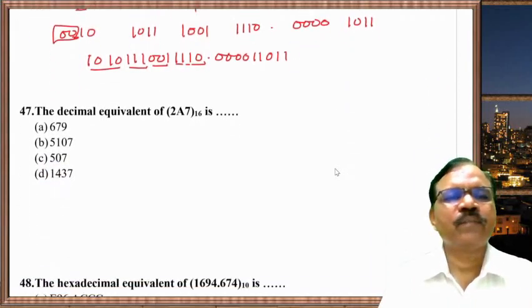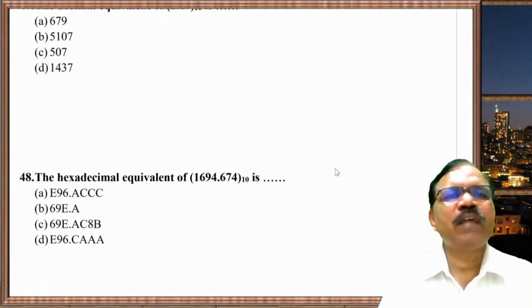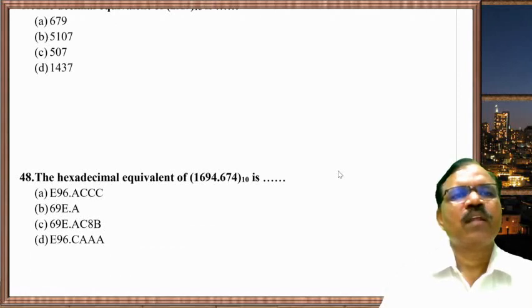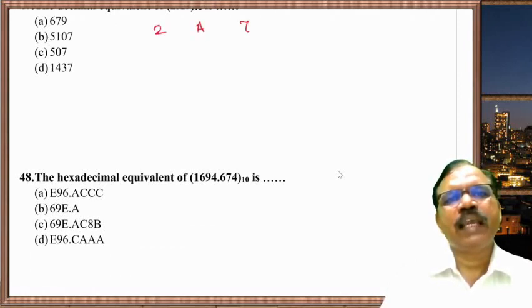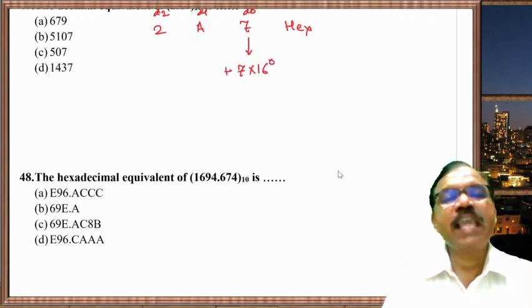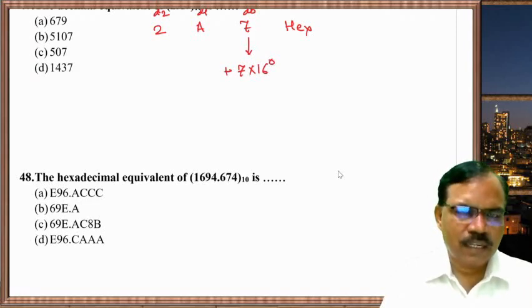Now next one, the decimal equivalent of 2A7 to the base 16. So you have to convert like this, 2A7. This is hexadecimal number. So this is D0, D1 and D2. So here base is 16. So you have to take D0, that is 7 into 16 raised to 0, plus D1, that is A. A means 10.